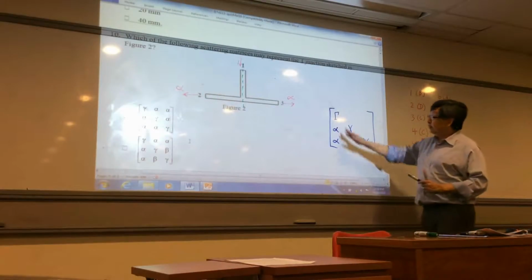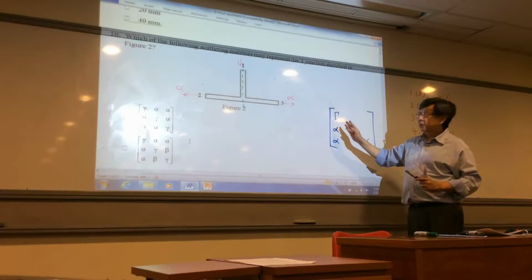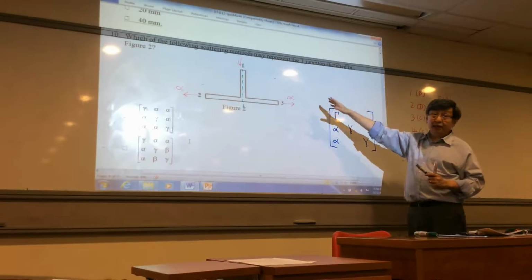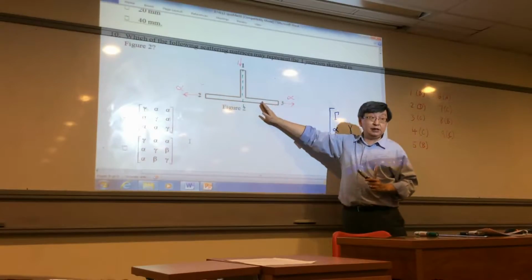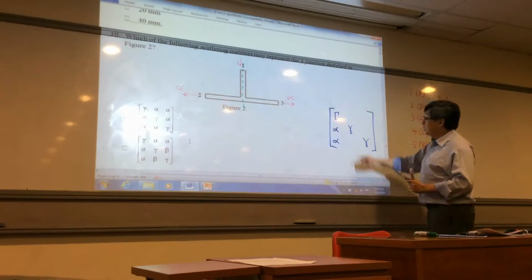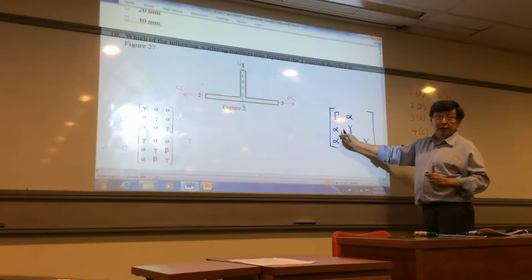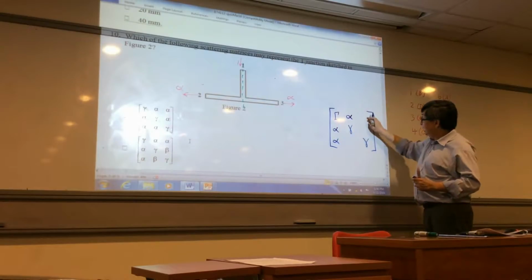By reciprocity, because I did not mention that it contains ferrites, crystals or plasmas, S12 must be equal to alpha, and S13 must be equal to S31, alpha.